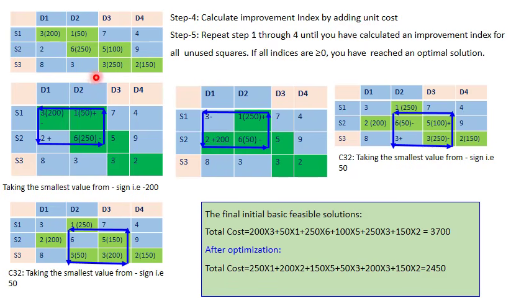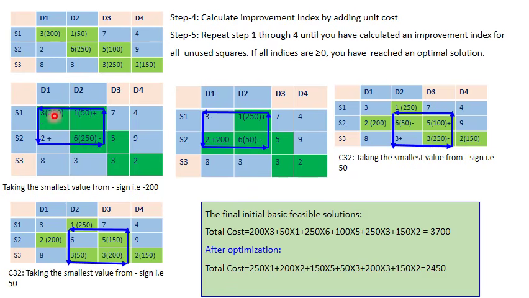Now let's see. This is C21. So we make this plus and this minus. We move to this and we move upper, that is the used cell, and plus, because we need to alternate the signs, and then we put minus here. After that, we have to compare the two minuses. 200 is less than 250.